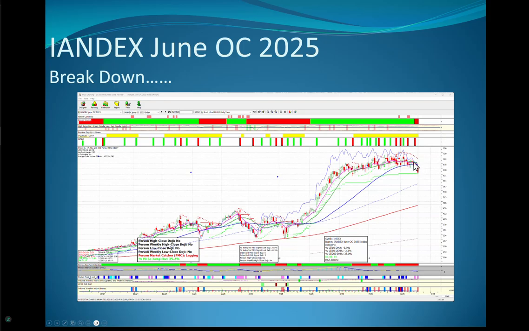I've been reluctant to say that this index had broken down because it kept living on the 50. Even yesterday I said it's sort of broken down, and I had a question mark on the slide, but it was up today, and let's see if it can get back above the 50 soon.